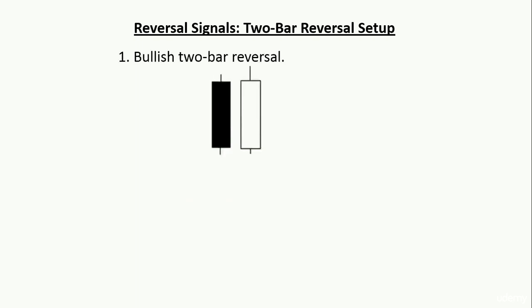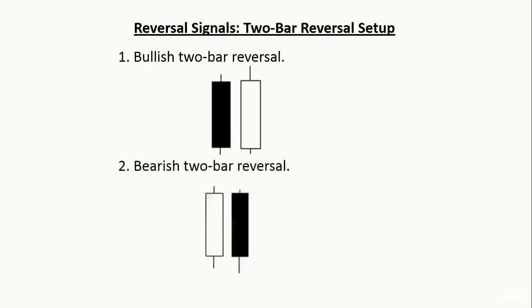The signal comes either as a bullish 2-bar reversal at the bottom of an exhausted downtrend, similar to this one, or a bearish 2-bar reversal at the top of an exhausted uptrend. For this setup to be reliable, it is best to analyze the context in which the setup is formed.